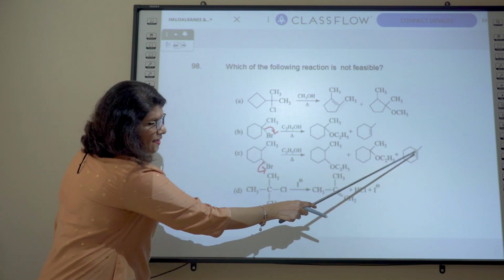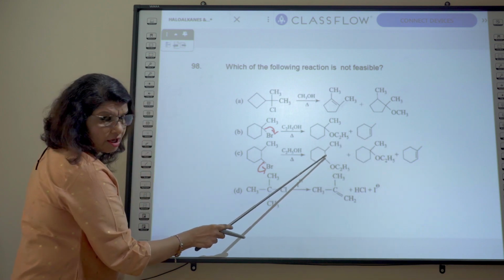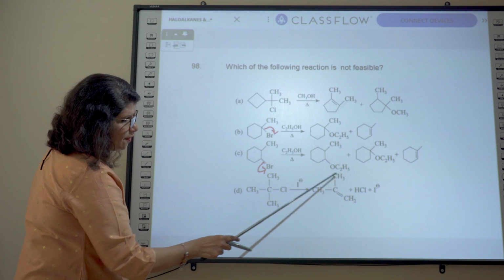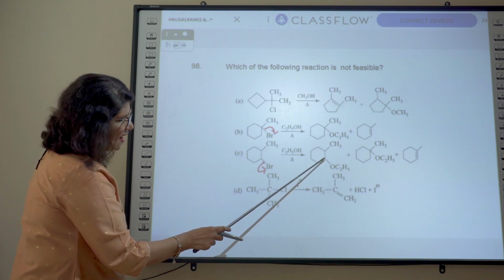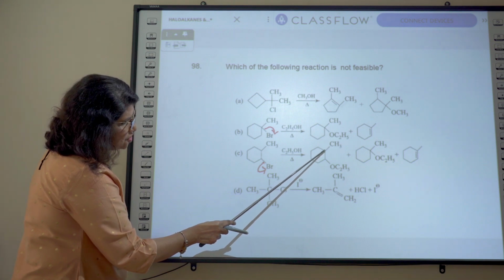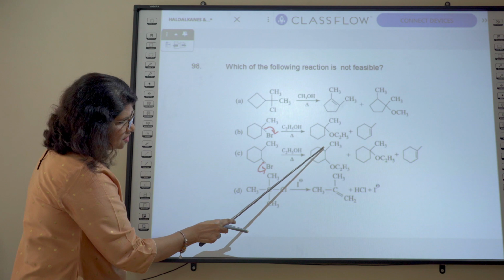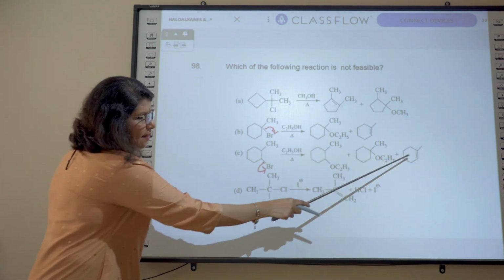Now, this product can be easily explained. There was a positive charge here, which is what resulted in the attachment of this nucleophile. Now, this positive charge can be neutralized by the loss of a hydrogen atom from this position. If a hydrogen atom from this position is lost, the bond shifts and you will get a double bond here.